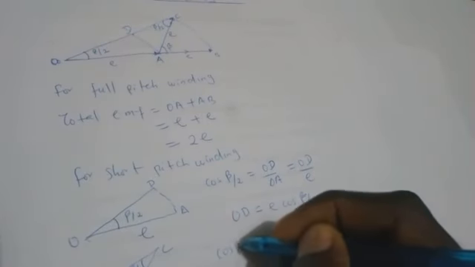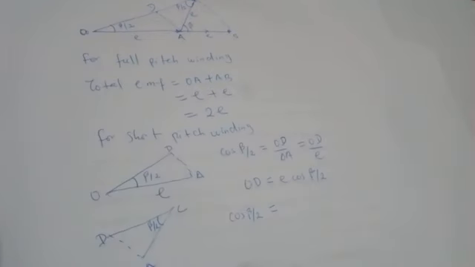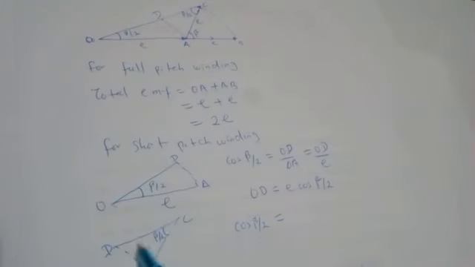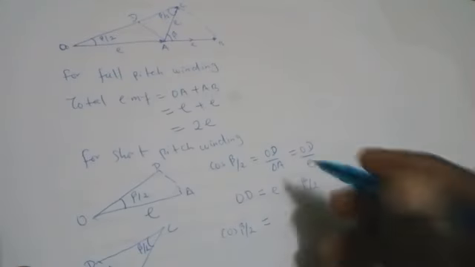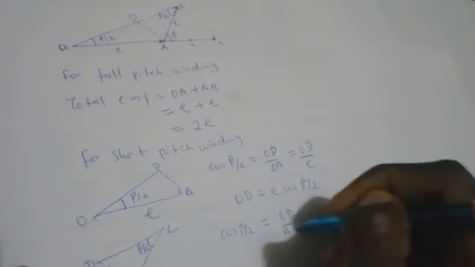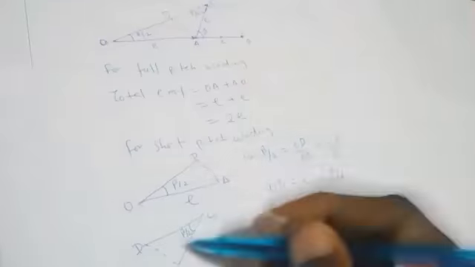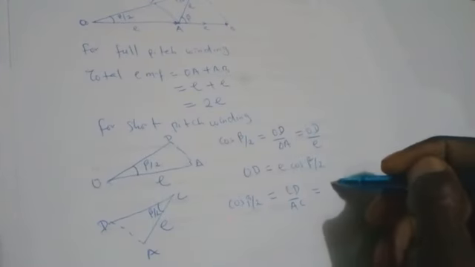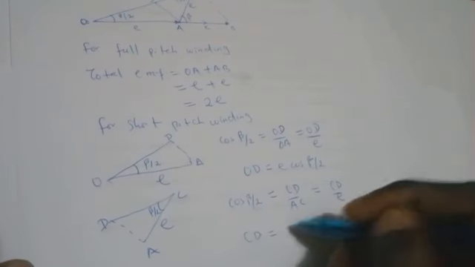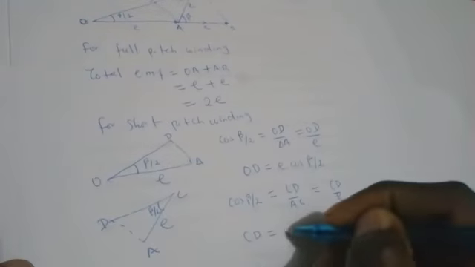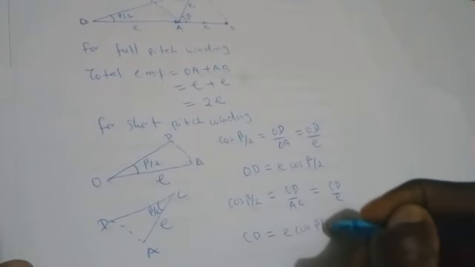So if I consider this again, cos beta over 2 equals the adjacent over hypotenuse. And that is CD over AC. And again, our AC from here we said is E. So we have cos beta over 2 equals CD over E. From here it means our CD is also equal to E cos beta over 2.